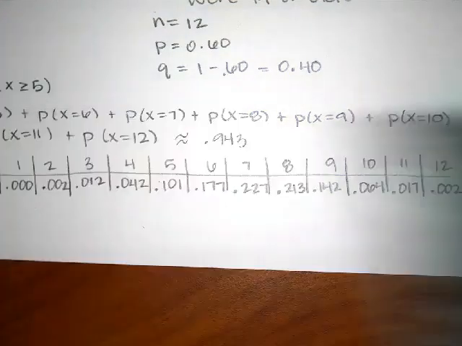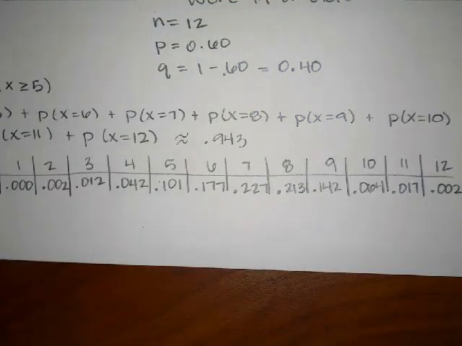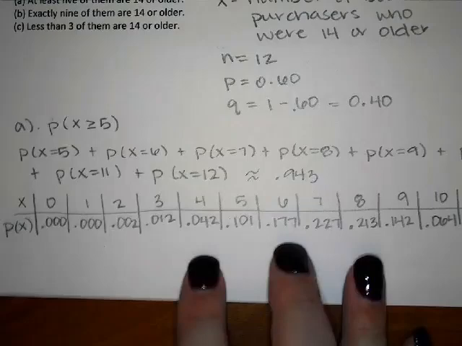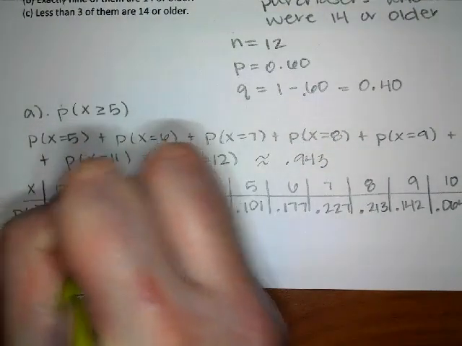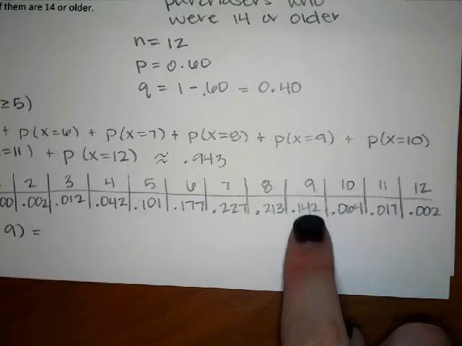All right, the next one says the probability of exactly 9. This one's a little bit easier because we can just look. The probability of exactly 9 is 0.142. The probability that less than 3.